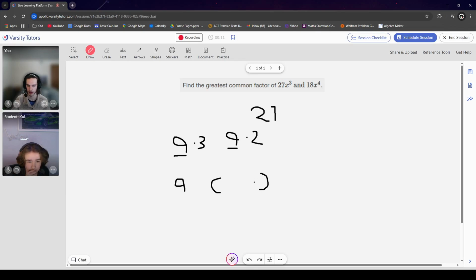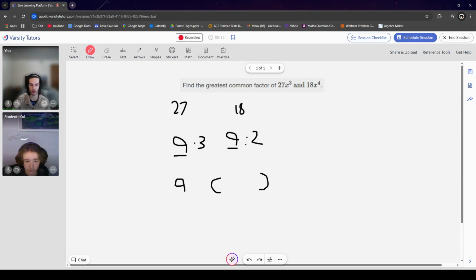So first, what is shared between the both of them? We got 9. What else? I mean the other number. What other number? The 2 and the 3. Nope. This is for 27, this is for 18. So 9 is already the greatest common factor, because 3 and 2 don't have anything shared between them.